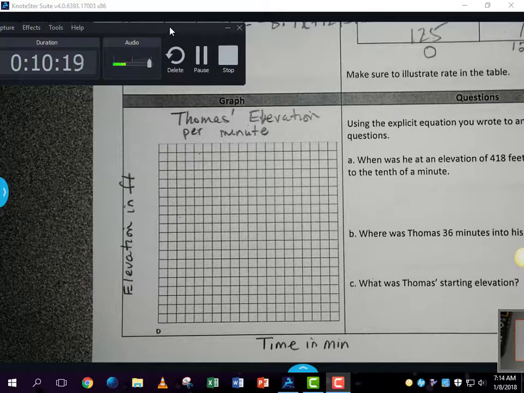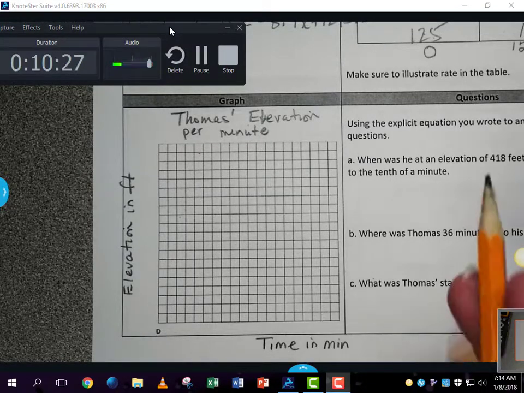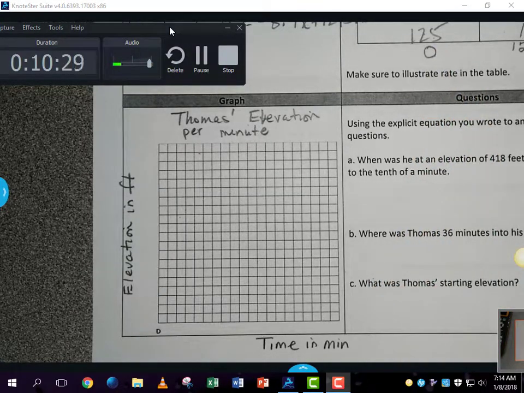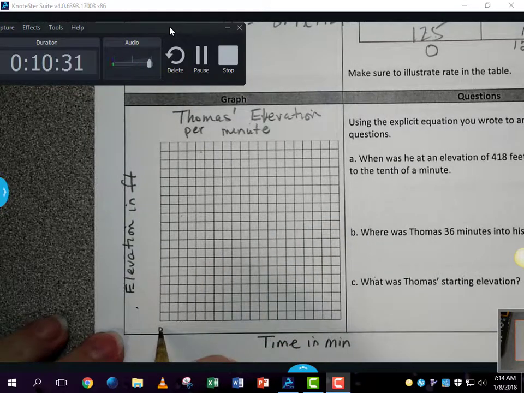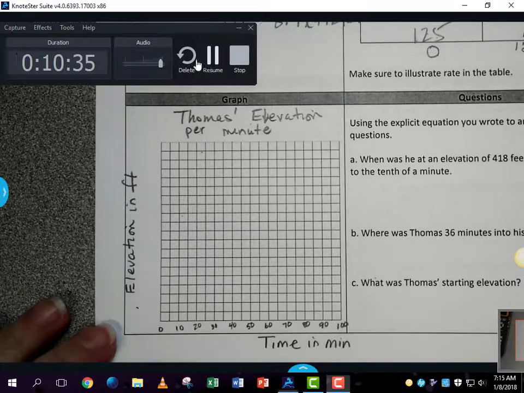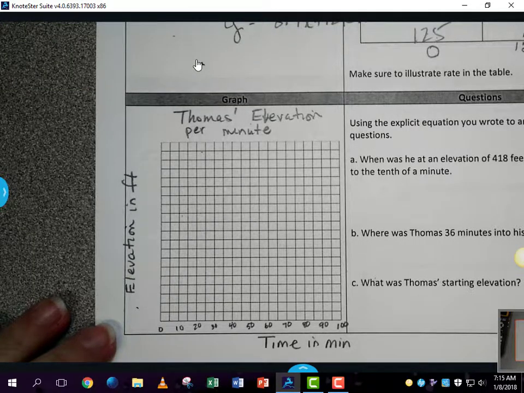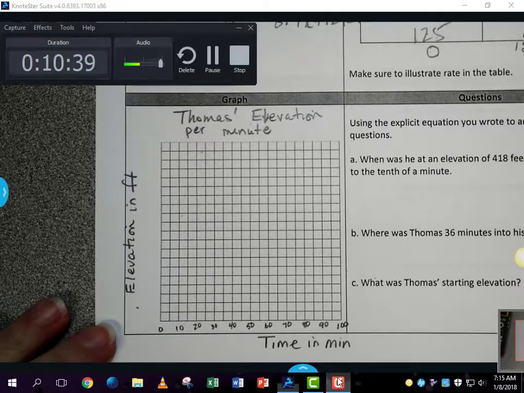So I'm going to take 125 and divide by 20. That gives me 6.25. So I'm going to count by 5s, and I just won't get all the way up to 125, and that'll be all right. So I have 0, 5, 10. I'm going to fill these in. I'll be right back.